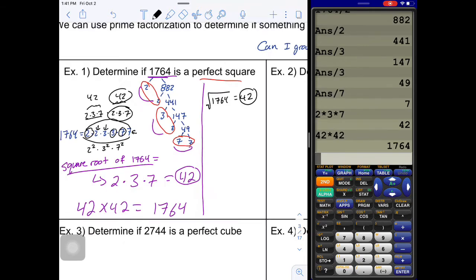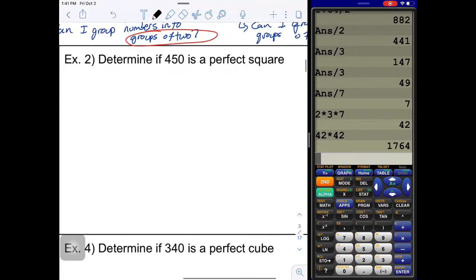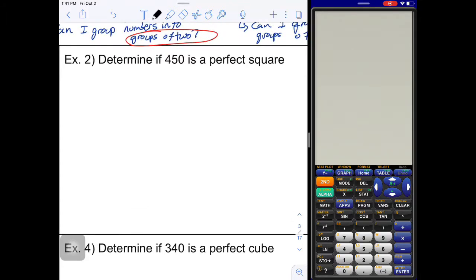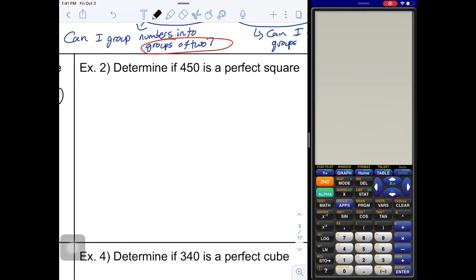Okay, let's go on to example 2. Determine if 450 is a perfect square. Same thing, can I group it into perfect groups of 2? Let's start here. I'm going to divide this by 10. So 450 divided by 10 gives me 45. I'm going to focus on this 10 first.